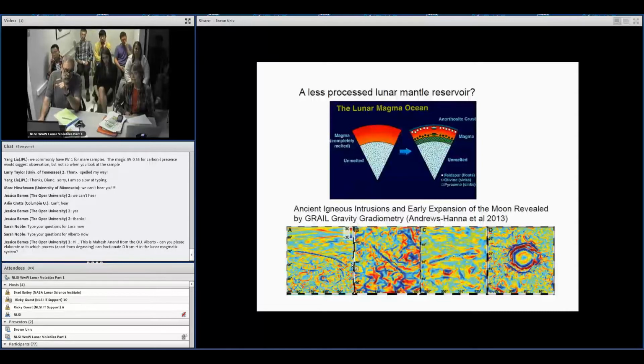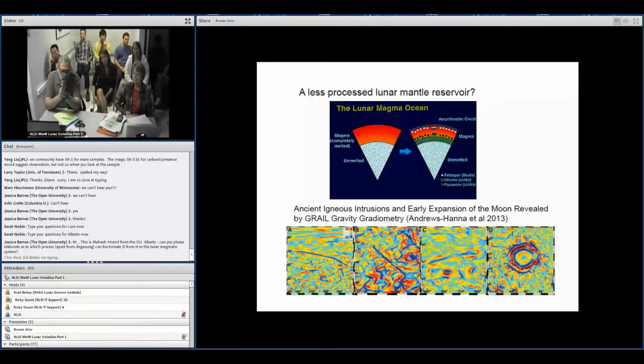The other thing that I think we should consider is that there could be a less processed lunar reservoir in the interior. This might be seen in the observations presented lately by GRAIL, using Andrews-Hamilton's observation, that there have been some extensions that tell us that there was essentially a cold core at the beginning of the formation of the Moon, that you might have slightly extended today.